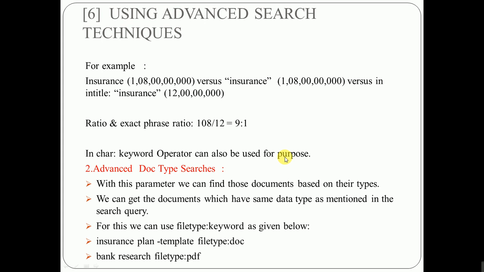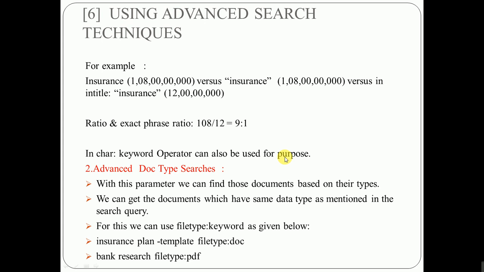For this, we can use the filetype keyword, as given in the example below. Insurance plan -template filetype:doc. That means the keyword is insurance plan, but you want to remove the template, and the file type is document.